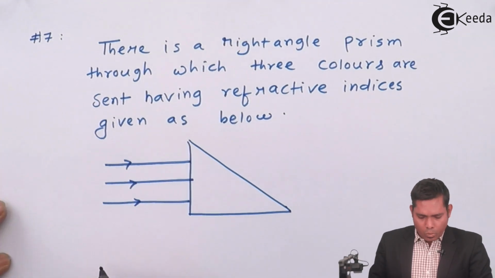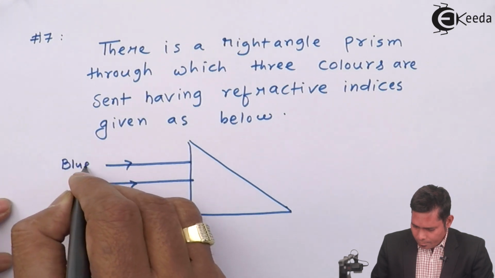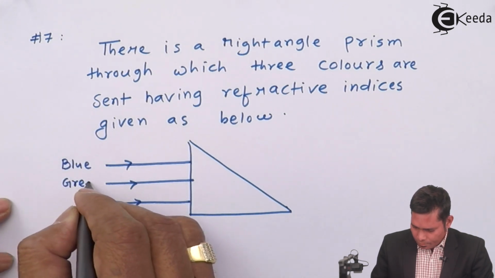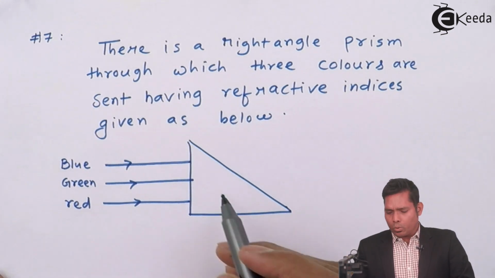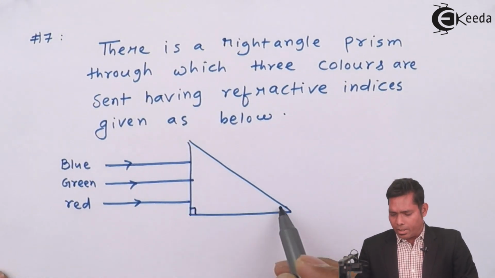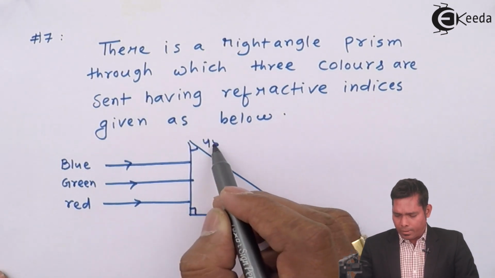So we have got blue, green and red. Three different colors are sent through this right angle prism. This angle is 90. This is given as 45 degree. This is also given as 45 degree.